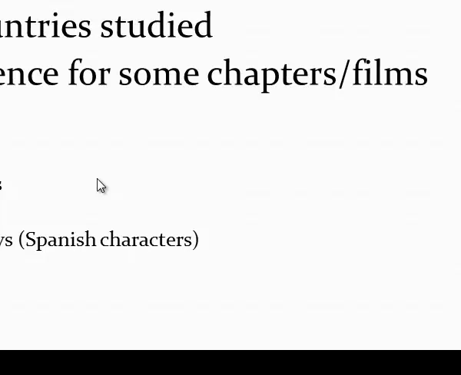I use a lot of .gov websites for the countries that we study, the government of Argentina, the government of Mexico, and so on and so forth. We have a textbook that we use as a reference for some chapters and some films that are contained with that textbook.